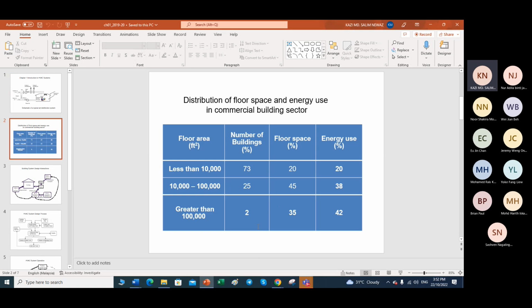So if we see the small building, the smaller space and the larger space, if we go for this air conditioning, there are fixed costs: the fans, blowers, dampers, dehumidification and humidification units, heating and cooling units, all these things.